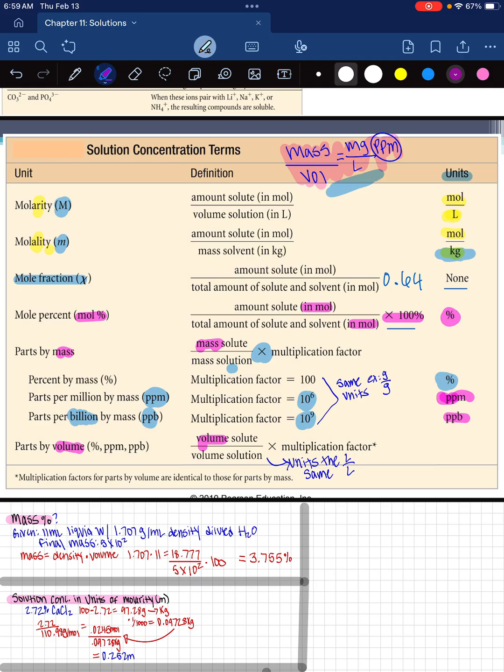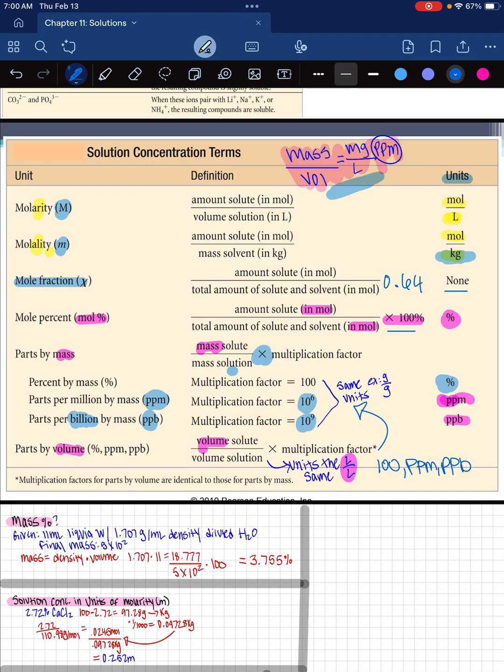So in parts by volume, it's the same, except you do your volume of solute over your volume of solution, normally in liters, as we see here. And then you use the same multiplication factors that are written out here to differentiate. So sometimes it can be percent, you multiply by 100, or parts per million, multiply by 10 to the 6th, or parts per billion and multiply by 10 to the 9th.